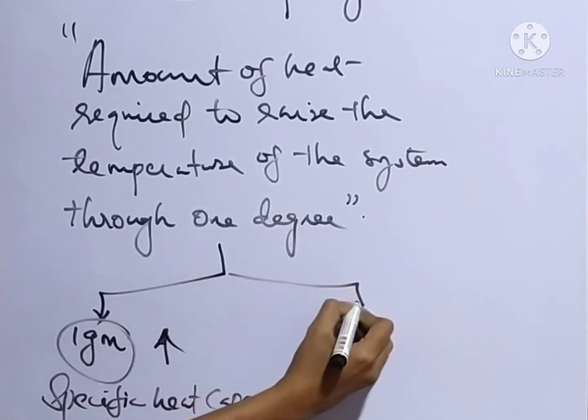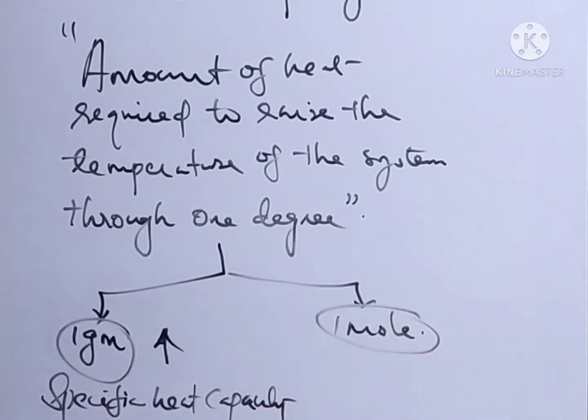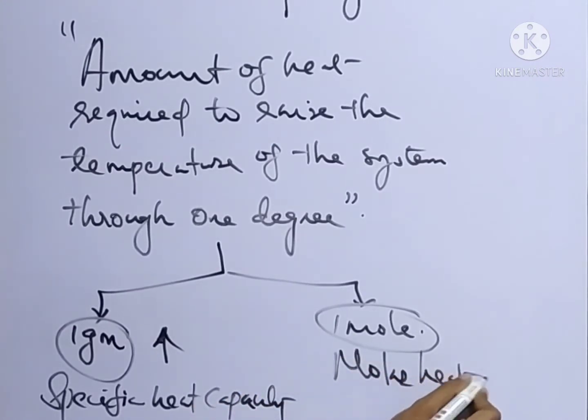If we take 1 mole of a substance, then the heat capacity is known as molar heat capacity.